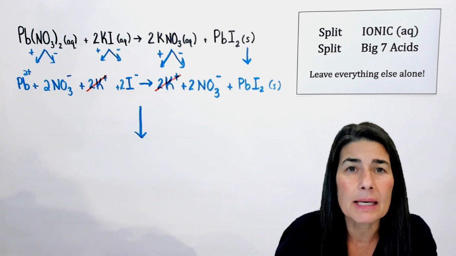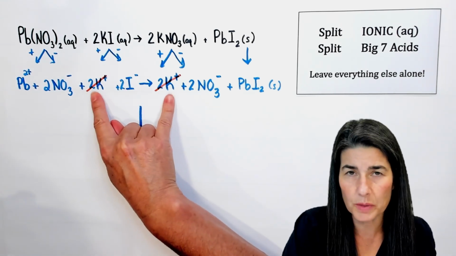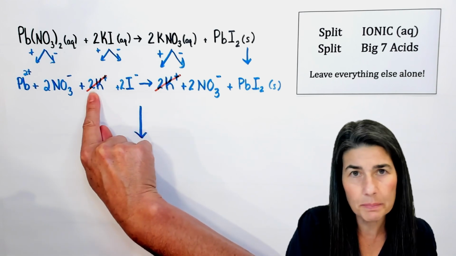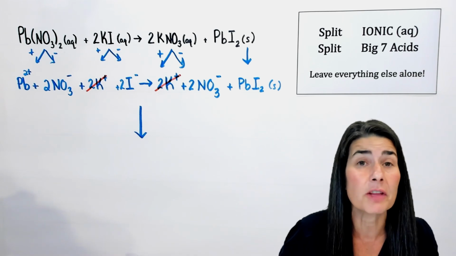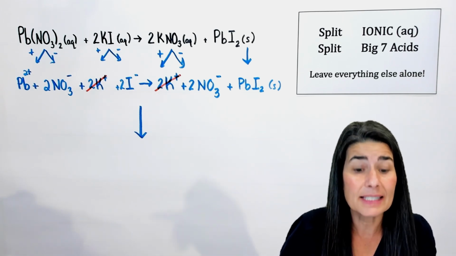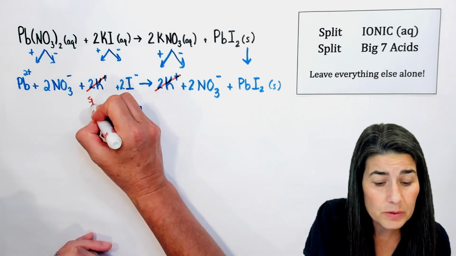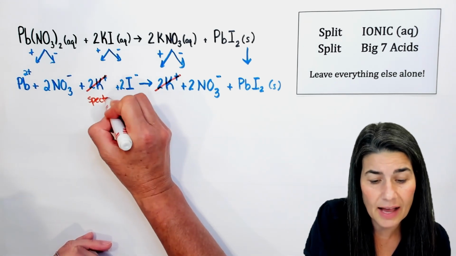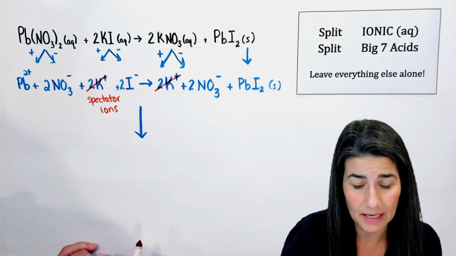Now, what this means is that potassium did not do anything in this reaction. I had two K pluses floating around at the beginning. I had two K pluses floating around at the end. It did not participate in the chemical reaction. I call those things spectator ions. They just simply watched the reaction happening.